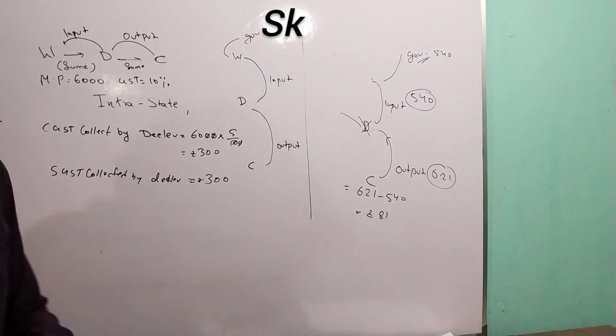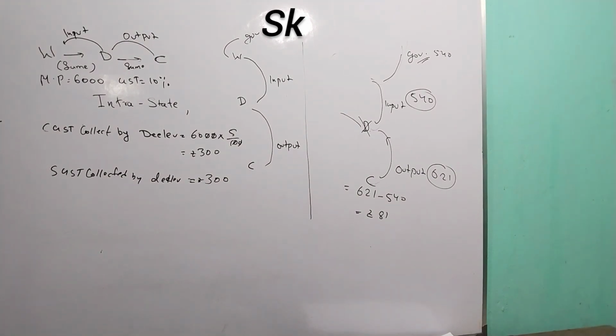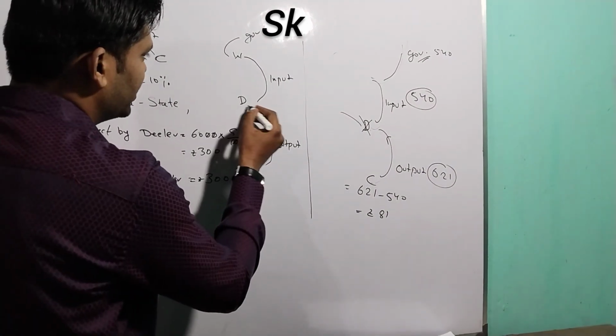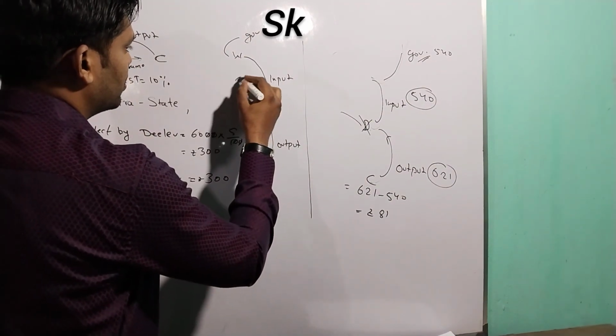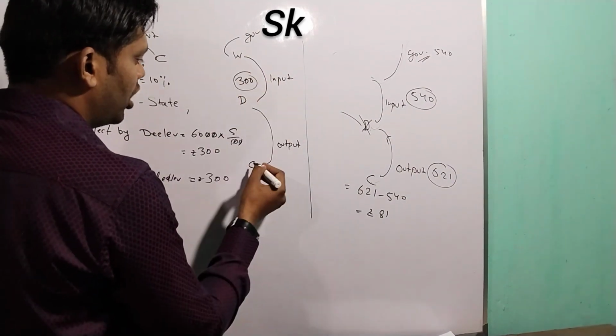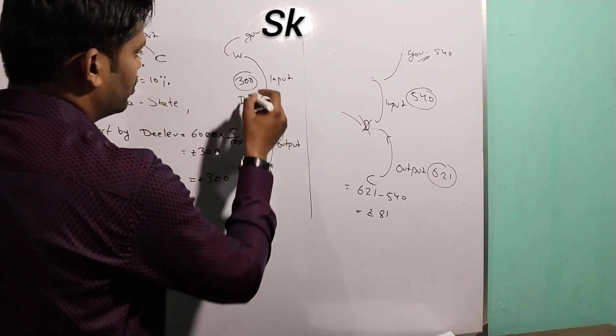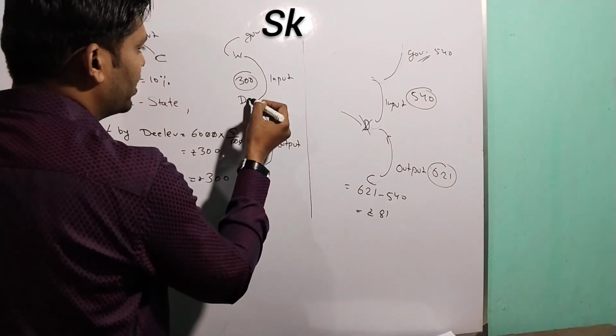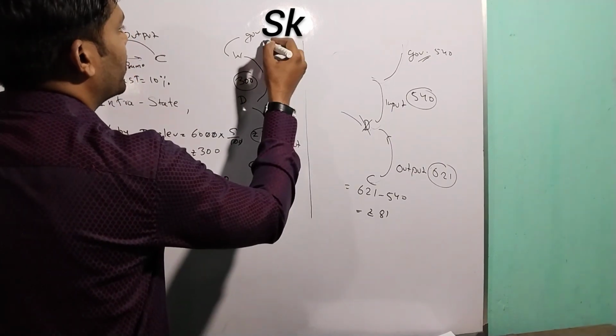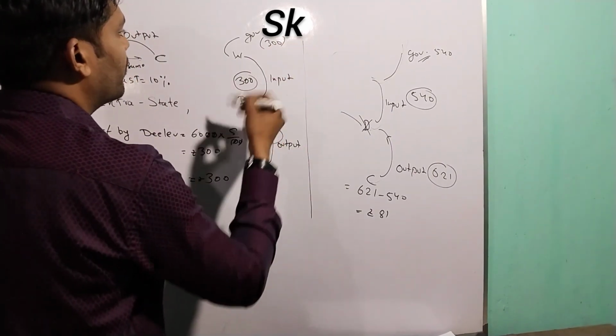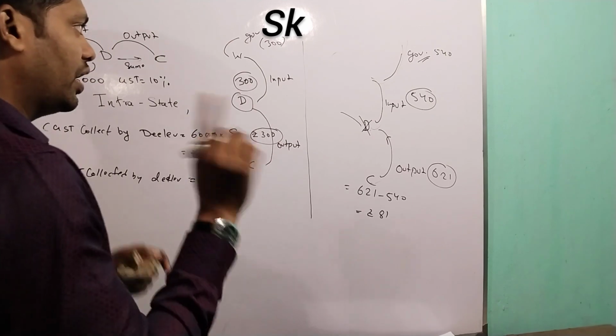Now if we see, how much has he paid to this guy? So 300. How much has he paid to this guy? So rupees 300. So the 300 which he has obtained from the dealer, where will it go? To the government. So the government has got 300 indirectly from the dealer.